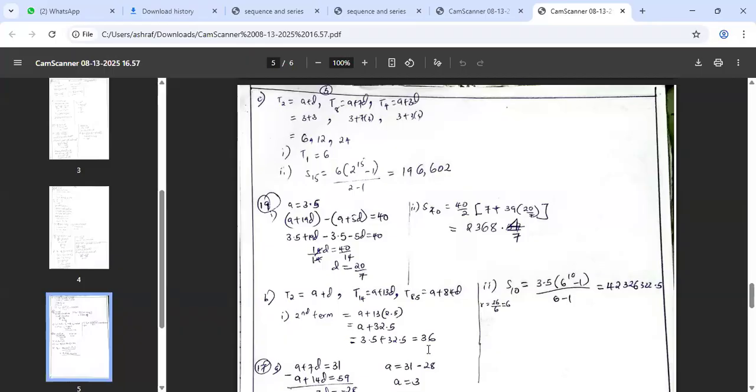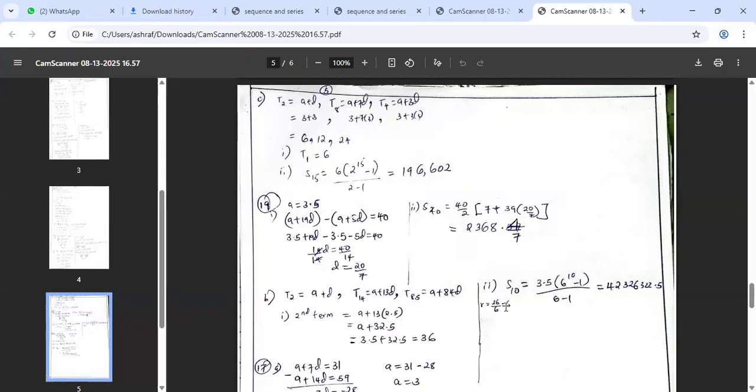Then Roman 2, you're supposed to get the sum of the first 10 terms of the GP. So for you to get the sum, you need the common ratio and you need the value of the first term of the GP. To get the common ratio, you take the second term over the first, or the third over the second. I've used the second over the first. The second is T14, which is 36, divided by the first, T2, which is 6.